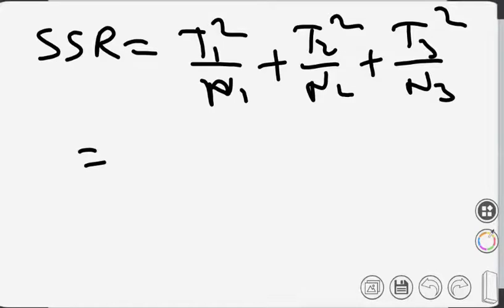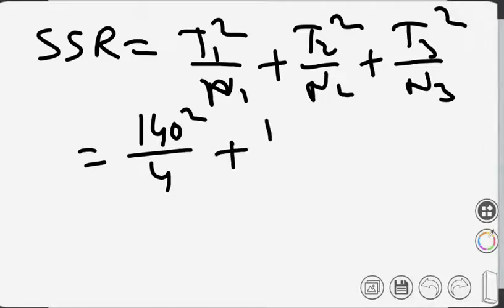How much was T1 in the table? 140. 140 square by 4 plus 151 square by 4, minus CF, there is minus CF.